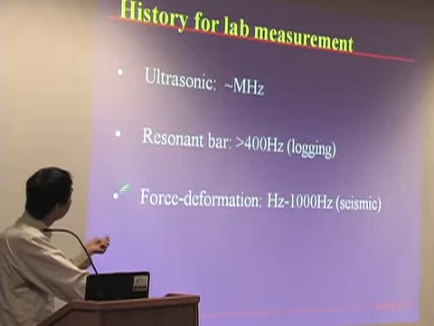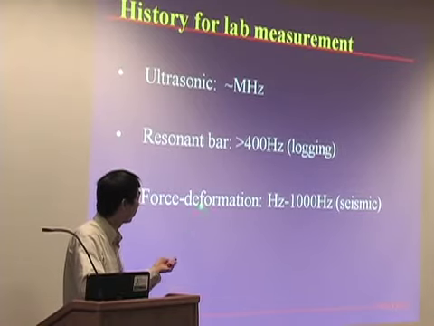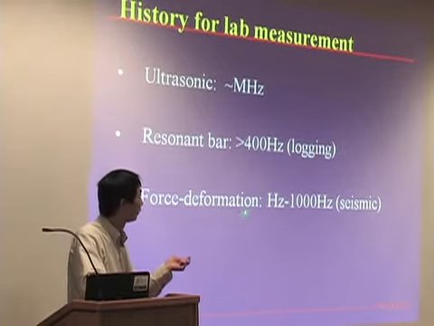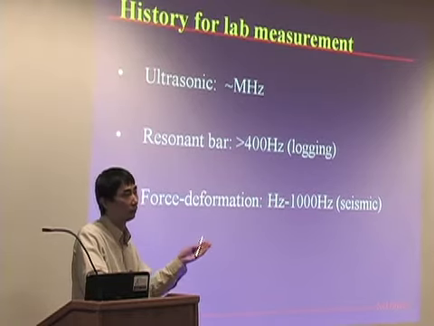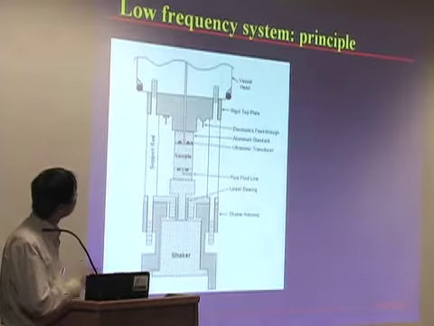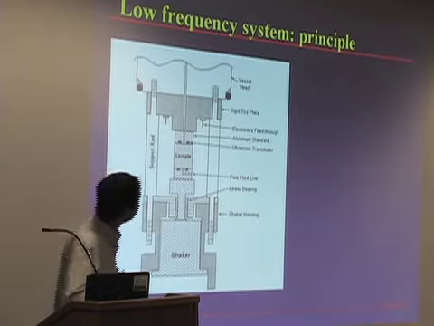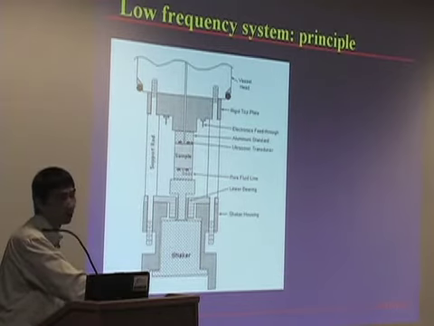So finally, another new technique came, the force deformation method. With this technique, we can really measure in the seismic band, which is from a couple of hertz to a couple of thousand hertz. So what's the principle of this force deformation method? Actually, we don't directly measure the velocity.